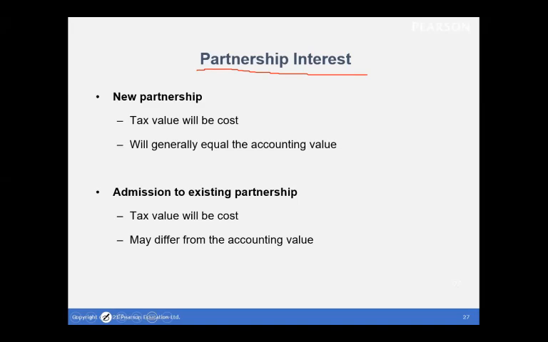The interest is important because that's going to be the base for what you have as a partner in that partnership. So if new partners are coming in or partners are going out, that is going to be a relevant number.